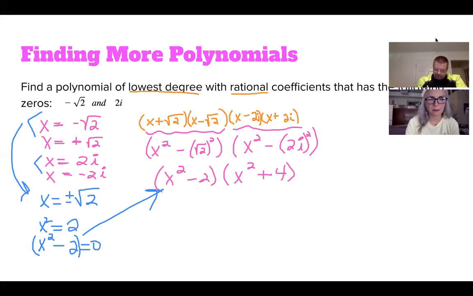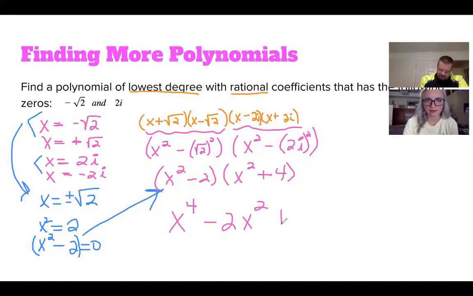So now to finish this up, I'm just going to distribute these two binomials at the bottom, and I'll get x to the 4th minus 2x squared plus 2x squared plus 4x squared. Shouldn't it be my when I do? Oh, you're not skipping that step.